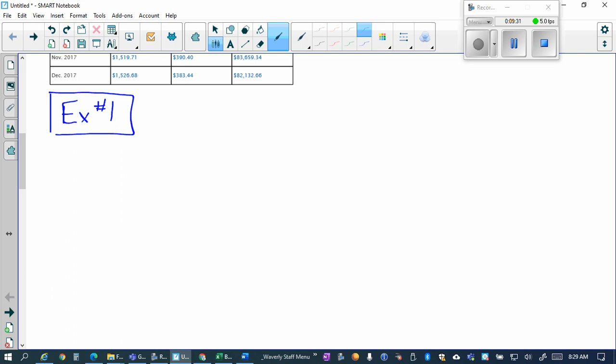So instead of using that formula, let's just use our TVM on the calculator. Remember how to get into that? We're going to have the little field that has the N, the number of payments. 5 years times 12. You can just put 5 times 12 in there. And then the I percent, remember, we don't convert this.